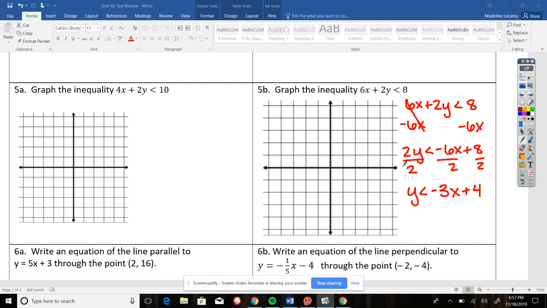Now we just have to graph this line. So our intercept is a 4. So I go up 1, 2, 3, 4. Oh, that's a bad point. And then my slope is negative 3. So I go down 3, right 1.